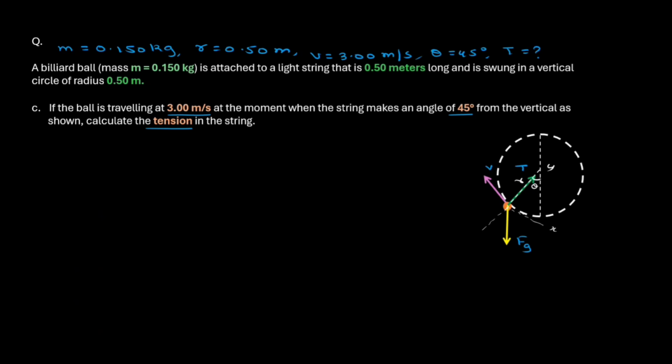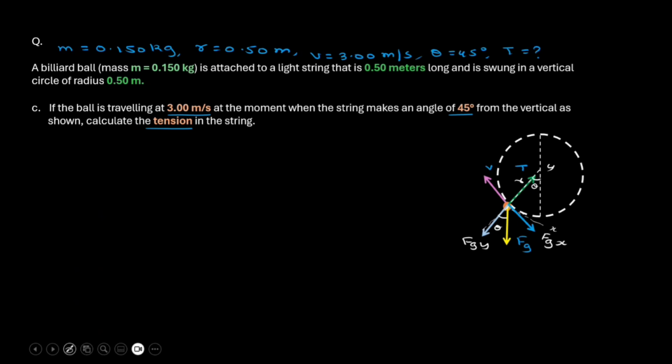But force due to gravity lies neither on the x-axis nor on the y-axis, and it makes an angle theta with the y-axis. So we can split F_g into its components. One component that goes along the y-axis, we will call F_gy, and the other component that goes along the x-axis, we will call F_gx.